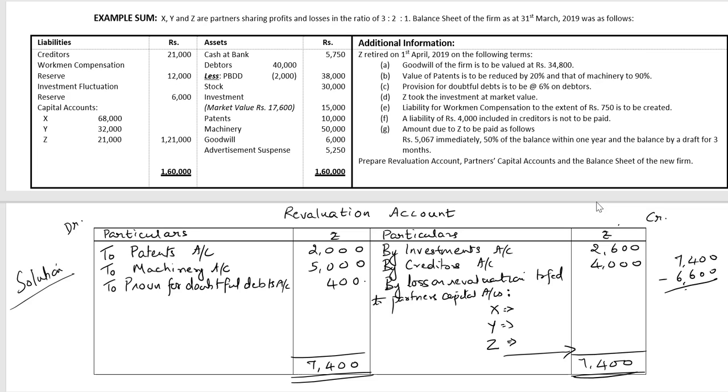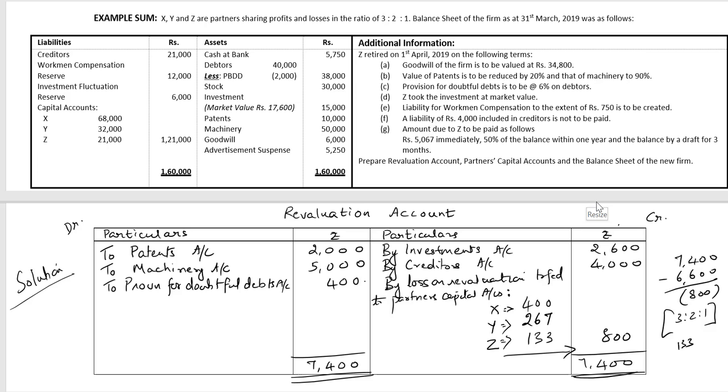We are left with a loss of 800 rupees. 800 rupees needs to be divided in the ratio 3:2:1. We have 133 rupees against partner Z, 267 rupees against partner Y, and 400 rupees against partner X. So this is the revaluation account.